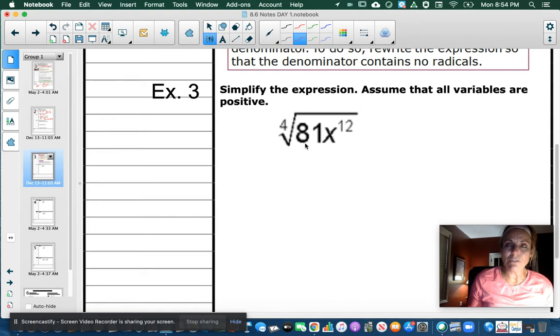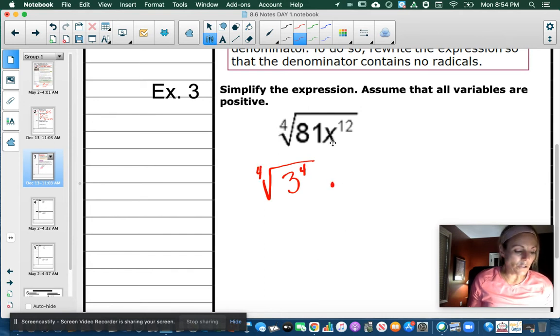That's the first thing I have to do because I have to change that to a number to the fourth power. Well, I know that 3 times 3 is 9, times 3 is 27, times 3 is 81. So 3. So I can break that up into 3 to the fourth root.